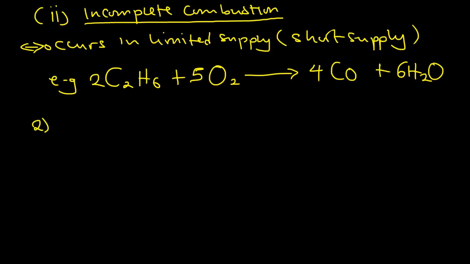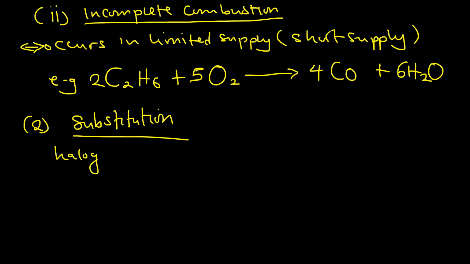So we look at the second type of reaction. The second type of reaction that alkanes undergo is substitution. I bet you have an idea from the term substitution. Under this one, alkanes undergo a substitution reaction with the halogens.